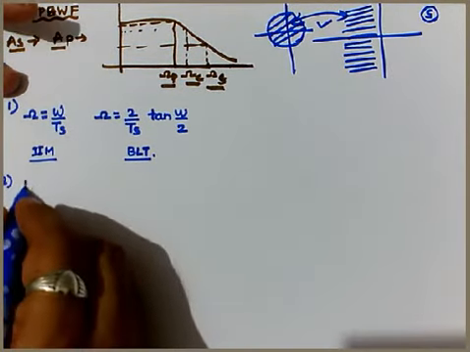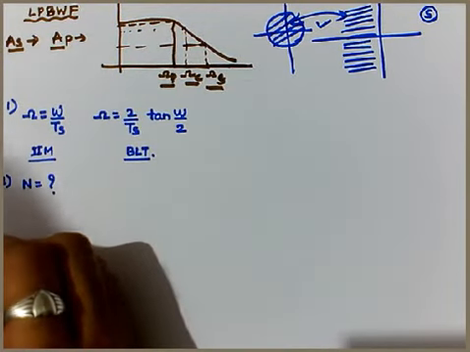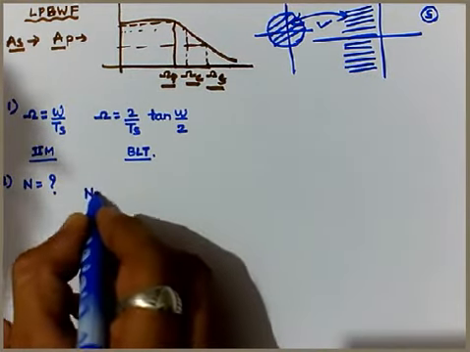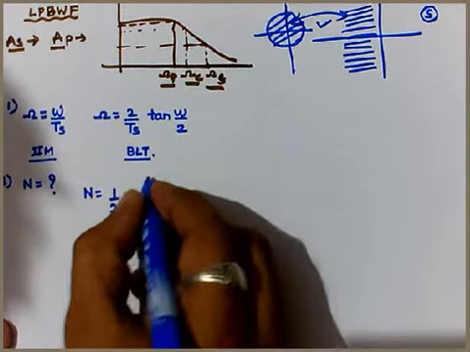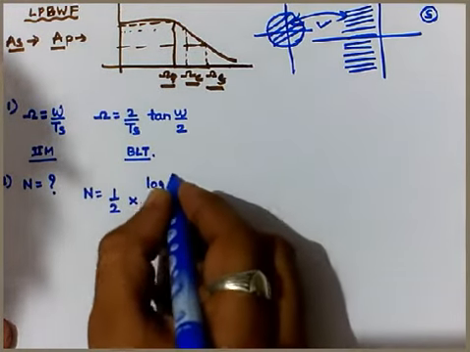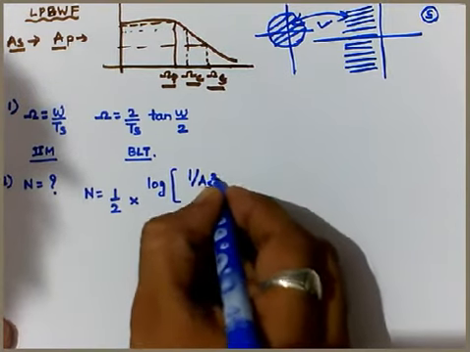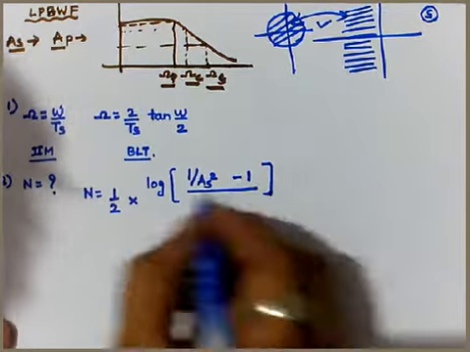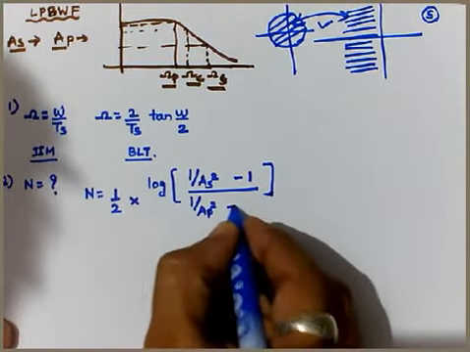Now the next step is to calculate the order of the filter. But for calculating the order of the filter, we can have the various formulae, like n can be written as 1 by 2 into, let's say, the log of, I will just write down here, 1 upon AS square minus 1 divided by 1 upon AP square minus 1.